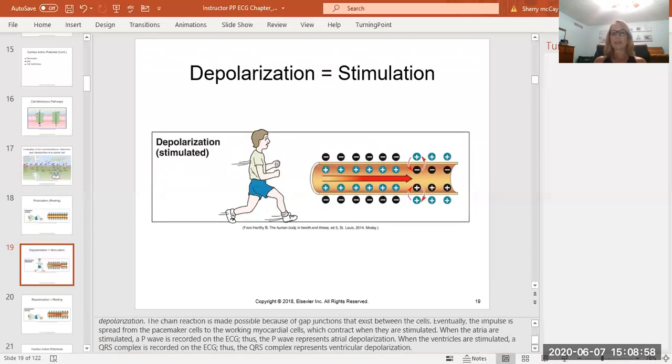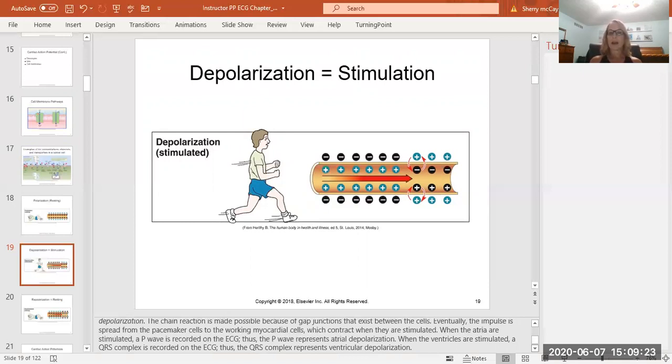When the atria are stimulated, a P wave is recorded on the ECG. Okay, so when the atria are stimulated, a P wave is recorded on the ECG. Thus, the P wave represents atrial depolarization. When the ventricles are stimulated, a QRS complex is recorded on the ECG.